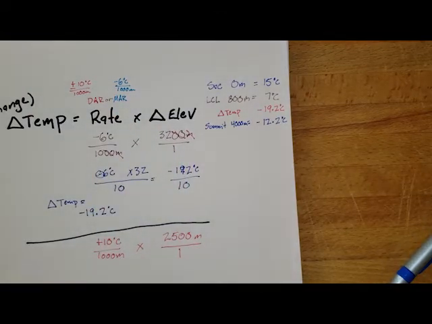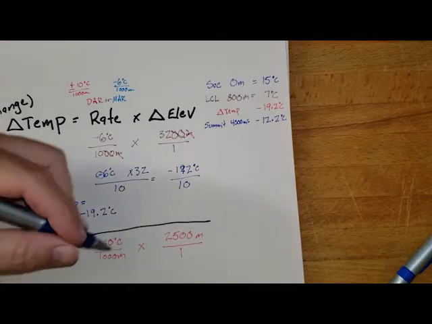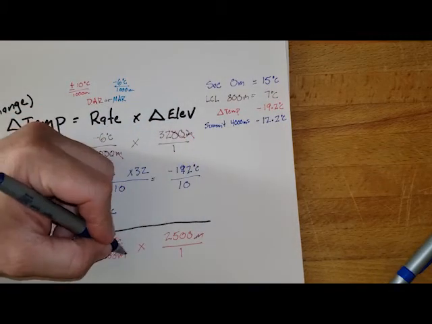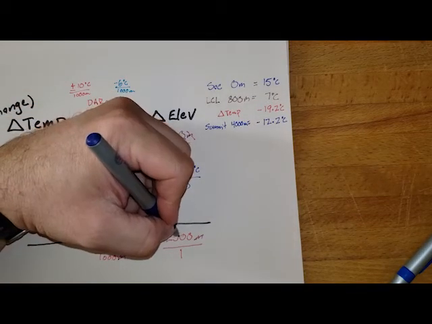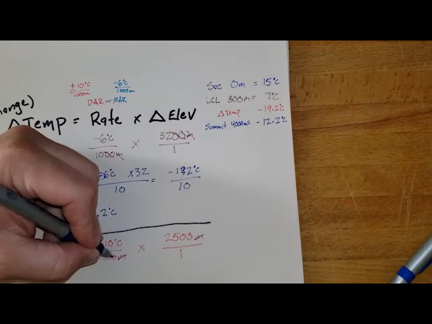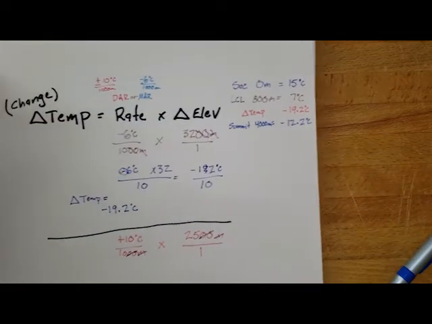Fractions to fractions. And then my next step is to get rid of our units and reduce as much as we can. So I've got meters over meters, and so I can get rid of those. And I've got 25 times 100 and 10 times 100. So I'm going to get rid of those last two zeros and those last two zeros. This is fun.